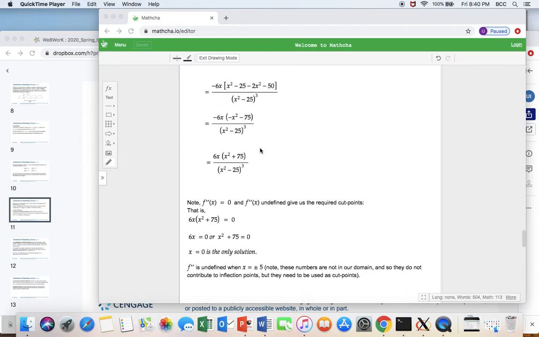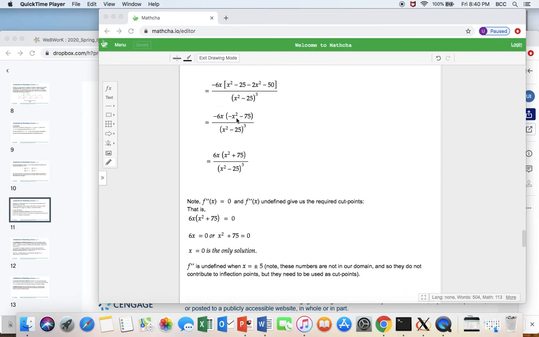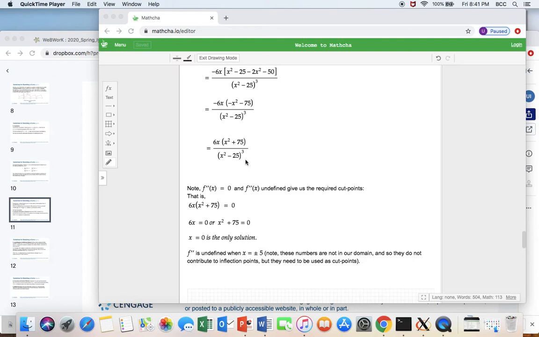Even better, there is a negative common. Why don't I get it out? When I get the negative out, with that negative, I am positive now: 6x, and all the negativity is out. I have x squared plus 75 upstairs and all of this downstairs.